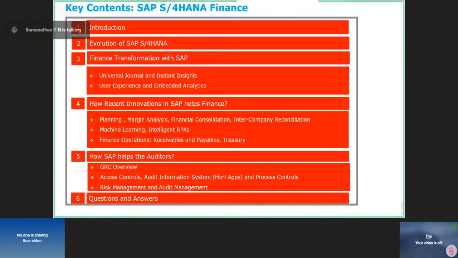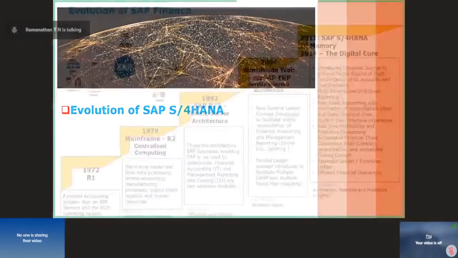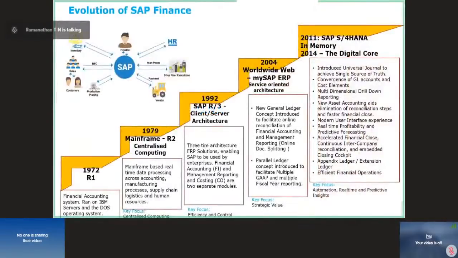So let's start off with the evolution towards SAP S/4HANA. SAP started off as R/1 in 1972, which was a server-based DOS operating system, more of a standalone.